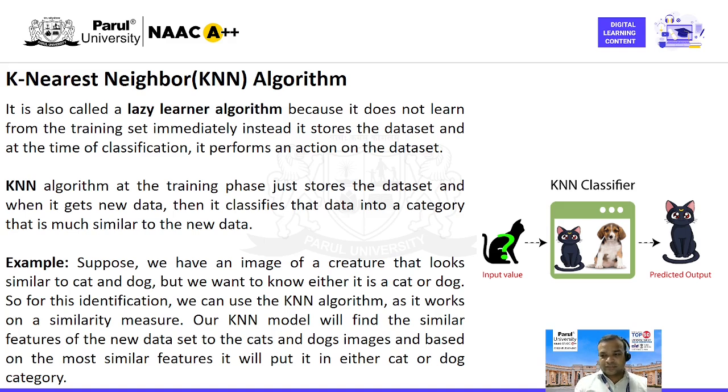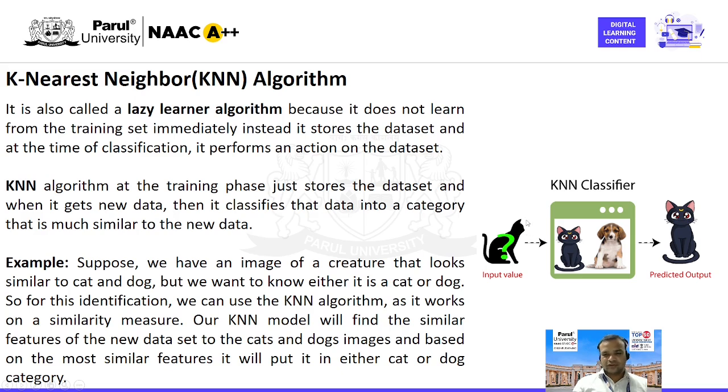Let's take an example regarding this picture. Suppose we have an image of a creature that looks similar to a cat and a dog. Can you identify this image? Is it a cat or a dog?